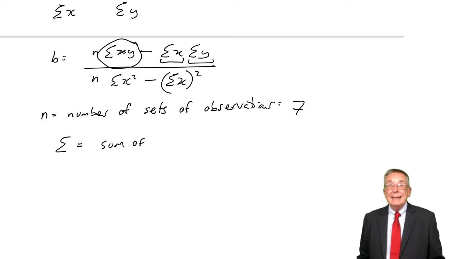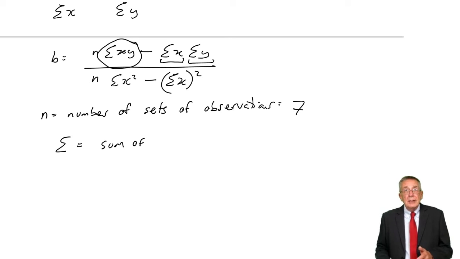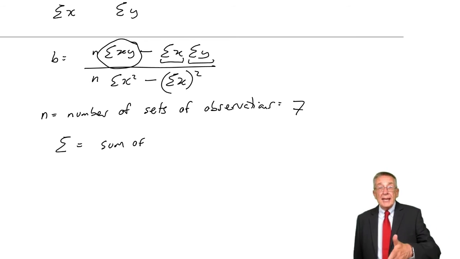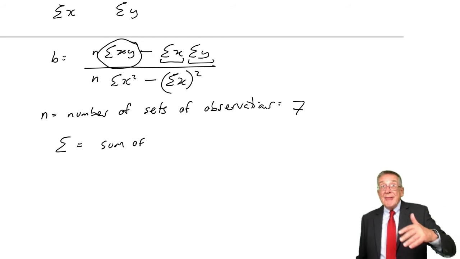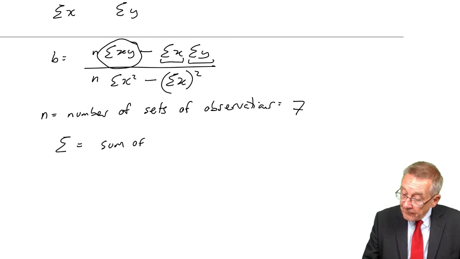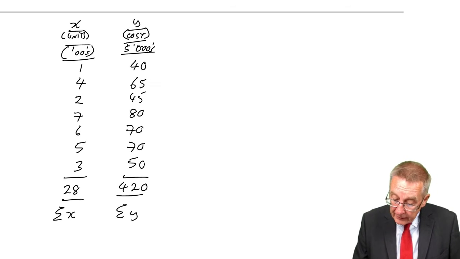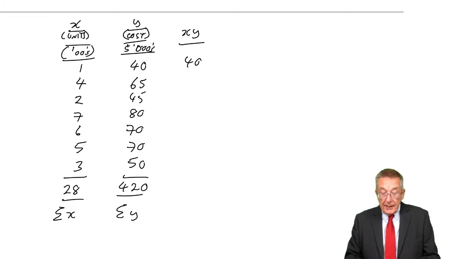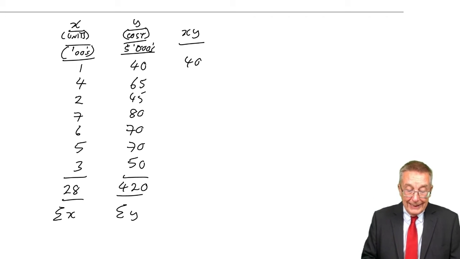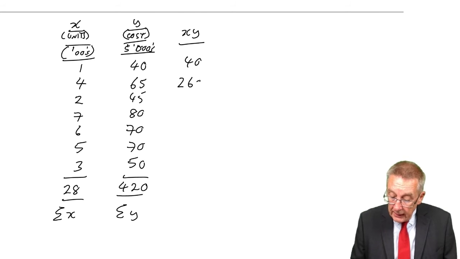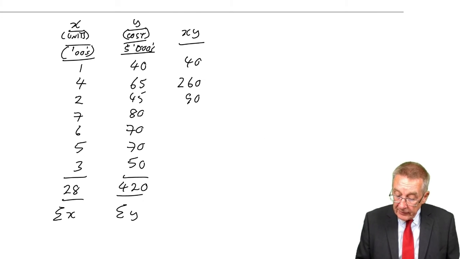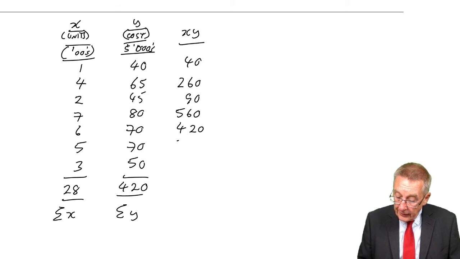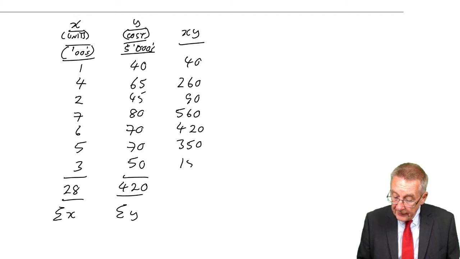Sigma xy. Well, sigma means the total of, but whatever comes after, xy. So we need to multiply x by y each time and then add them up. So let's multiply x times y for each of them. 1 times 40 is 40. 4 times 65 is 260. 2 times 45 is 90. 7 times 80 is 560. 420. 350. 150.